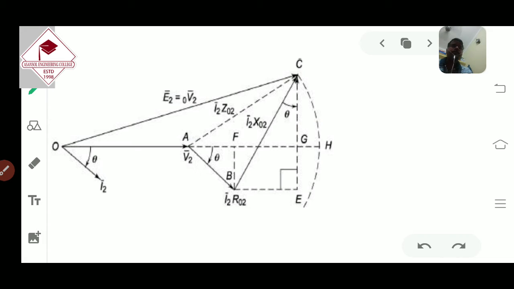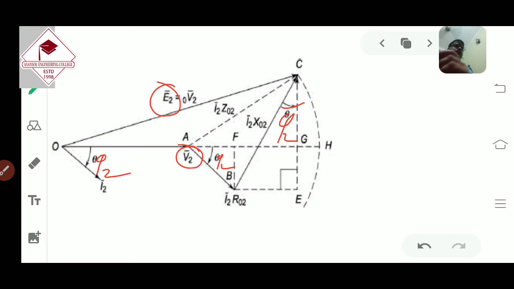So from that diagram itself we can find the formula for voltage regulation. See here, this angle is phi 2, so this angle will also be phi 2. Now we are interested to find the difference between this V2 and E2.